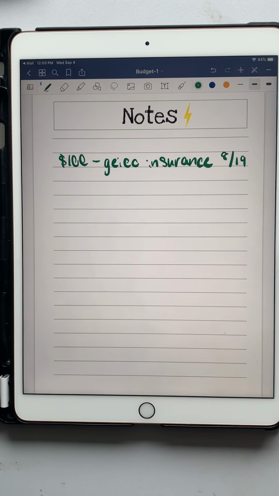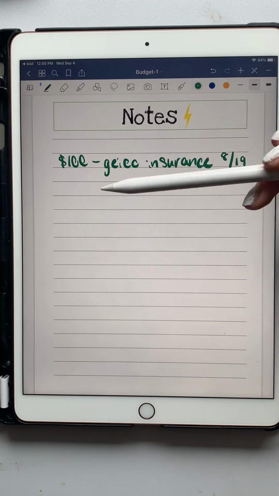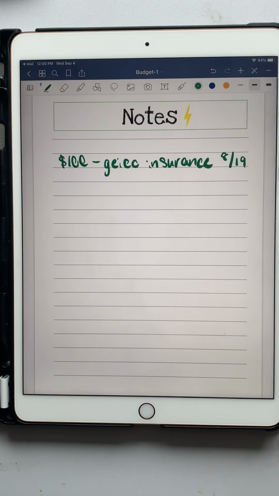So maybe that's the date that you have to pay it, or you just want to keep track of all your food bills and how much you spent, or the date is a really good idea for this page. That way you can keep track of when you spent it. There's a lot of different uses for this page, so feel free, use it however you please.